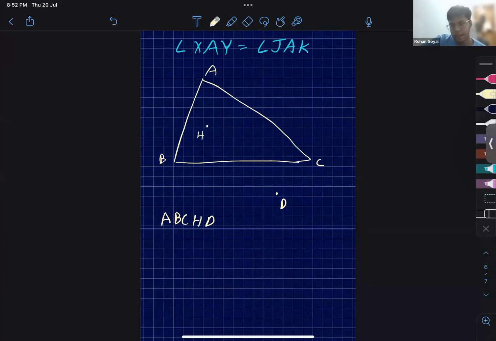So since it's a rectangular hyperbola, it also passes through the orthocenter of BCD, which is some H prime. Agreed? Yes, because it's a rectangular hyperbola passing through B, C and D. We just showed that rectangular hyperbolas passing through ABC pass through the orthocenter.